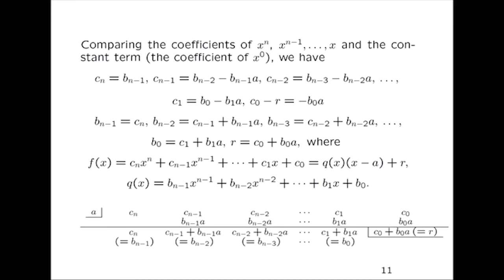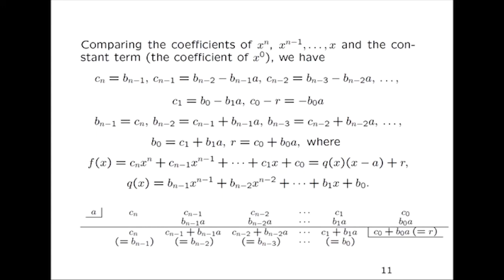But we wanted to find the bi's, and we also have bi here. Fortunately, that is already found in the previous equation. So assuming that b(n-1) is known, you can just plug b(n-1) in here, then you can find b(n-2) and so on.